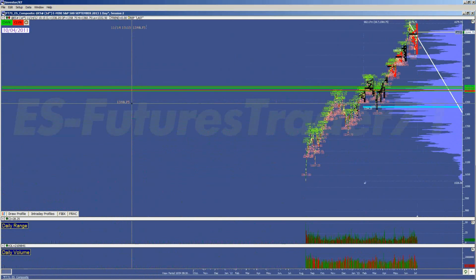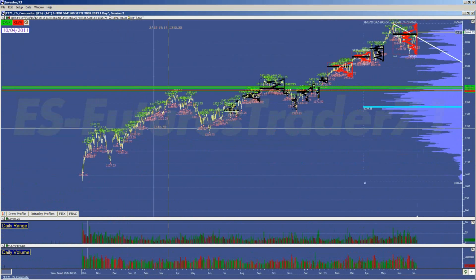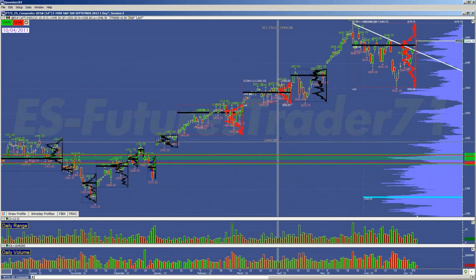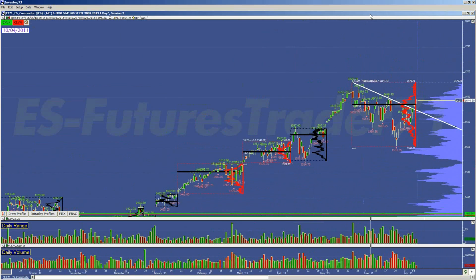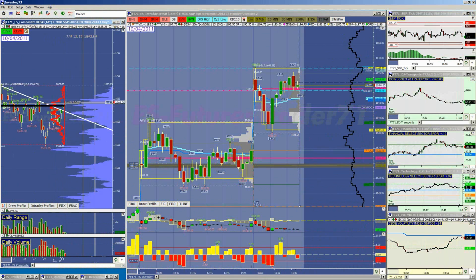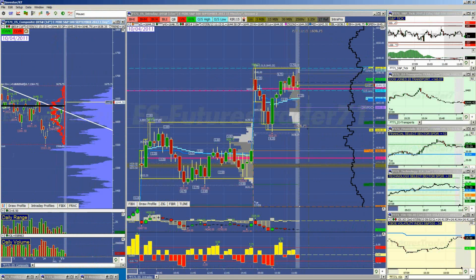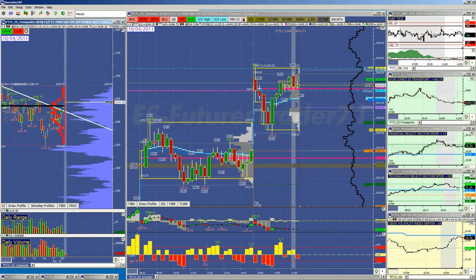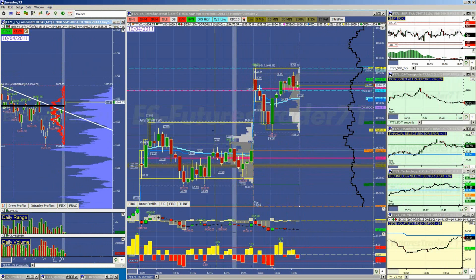You can see it's including everything all the way through. So that's older information. Then you have the composite, the microcomposite, and the intraday profiles that occur every day. This is today's, this was yesterday's, and so that's what it is.